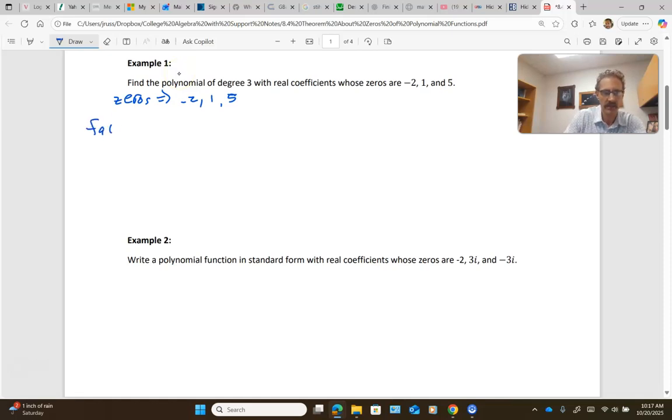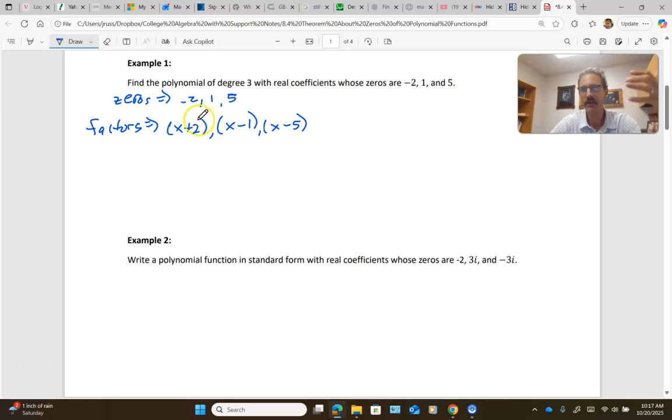It basically tells me that if I know my zeros, then my factors are going to be linear, and the constants of those factors will be basically the opposites of these zeros. So if negative 2 is a 0, then x plus 2 will be a factor. And if positive 1 is a 0, then x minus 1 will be a factor. And finally, if 5 is a 0, then x minus 5 will be a factor.